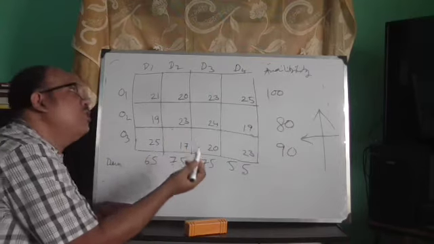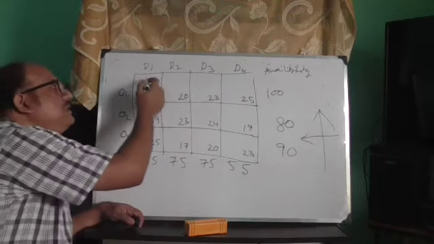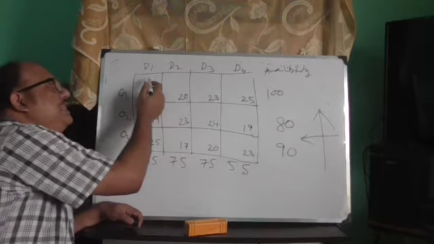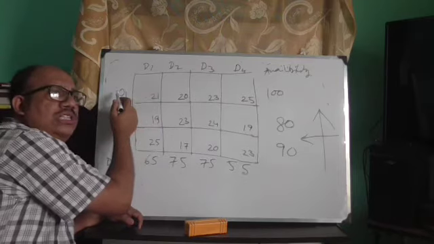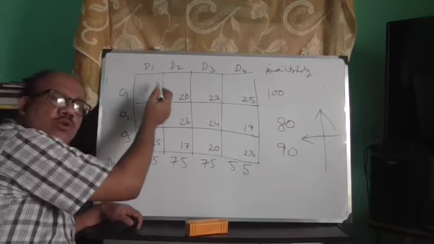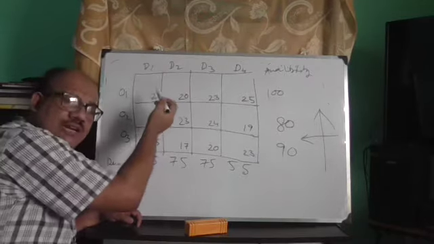So from where to where? The top left corner is this particular cell. So always allocate here, top and left. If I am allocating here, it means I am allocating from origin 1 to destination 1. So from where and to where has been decided.